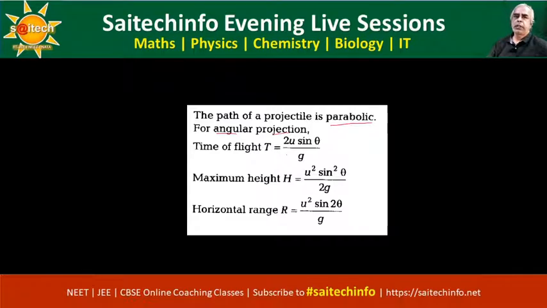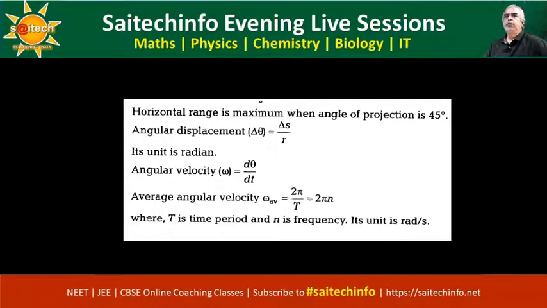We will be discussing the derivations in detail later. The horizontal range is maximum when the angle of projection is 45 degrees. Then angular displacement is indicated by delta s. Delta theta is equal to delta s divided by r, where r is the radius.